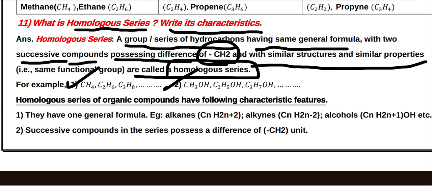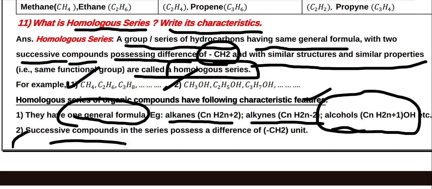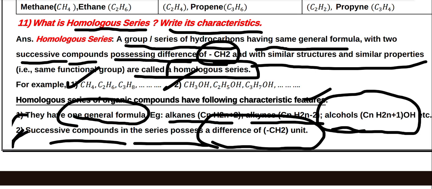Homologous series of organic compounds have these characteristic features. They have one general formula. For example, alkanes CnH2n+2, alkynes CnH2n-2, alcohols CnH2n+1OH. Successive compounds in the series differ by a CH2 unit. So, if a compound possesses these two properties, it is called a homologous series.